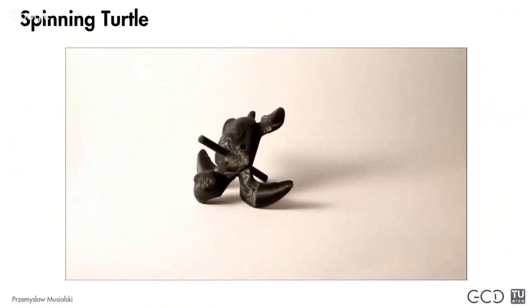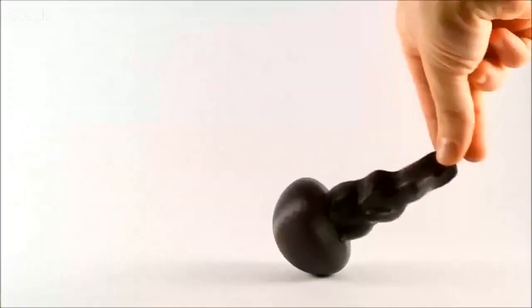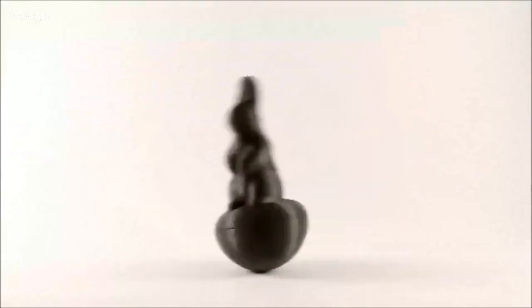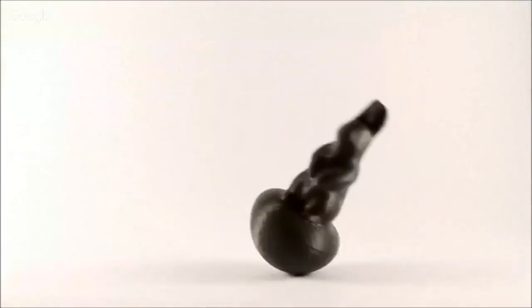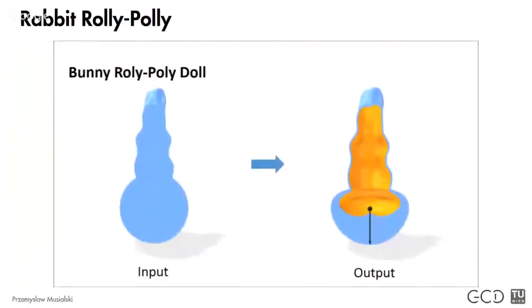Another simple example is a roly-poly bunny, a stand-up toy, where the center of mass must be shifted up, actually below the center of rotation of the sphere this toy is standing on.